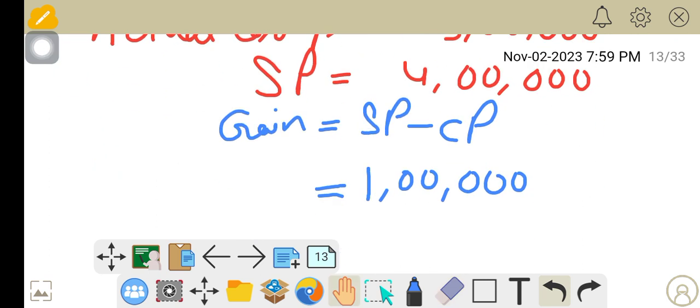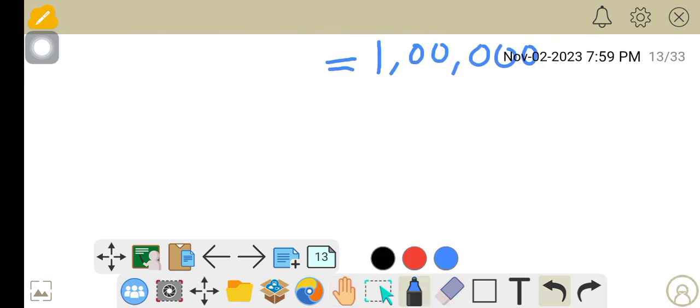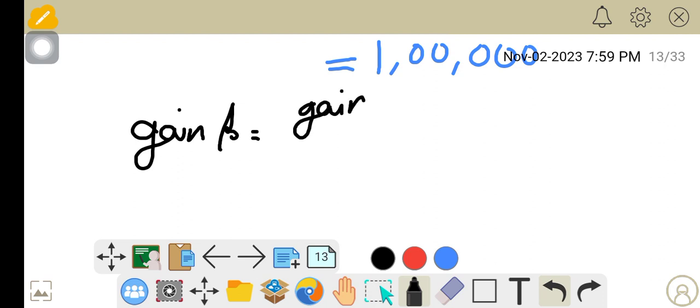So what is the profit gain? 1 lakh rupees. 1 lakh rupees out of what? Out of 3 lakh rupees, because 3 lakh is actual CP. So we can also write a formula for gain percent. Formula of gain percent, the same as profit percent, is gain upon actual CP into 100.